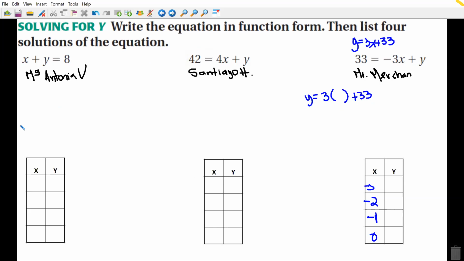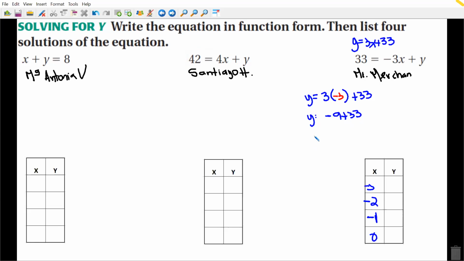I am going to be replacing over here in this equation. So this is going to be negative 3, right, Mr. Merchant? Yes. So y is going to be equal to negative 9 plus 33.